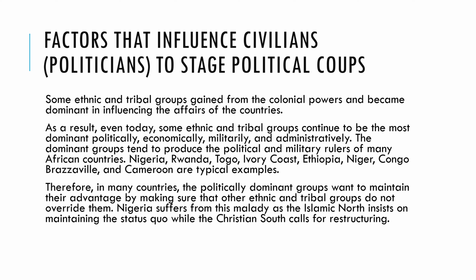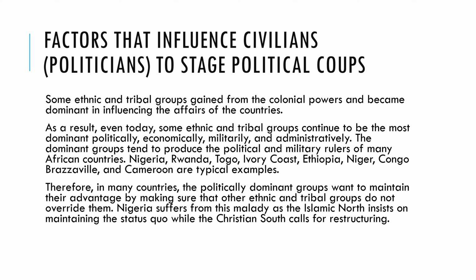Nigeria, Rwanda, Togo, Ivory Coast, Ethiopia, Niger, Congo, Chad, and Cameroon are typical examples. Therefore, in many countries, the politically dominant groups want to maintain their advantage by making sure that other ethnic and tribal groups do not override them.